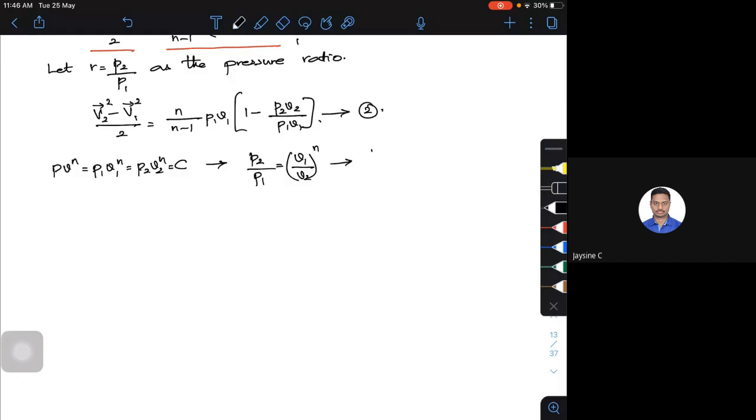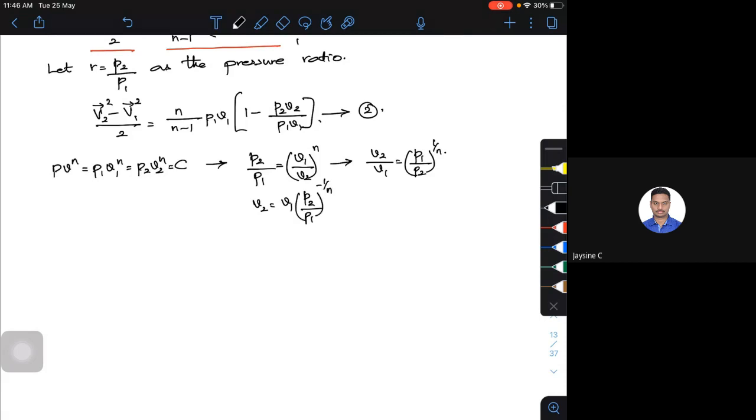So V2 by V1 is equal to P1 by P2 whole to the power of 1 by n, or I can write V2 is equal to V1 into P2 by P1 whole to the power of minus 1 by n.